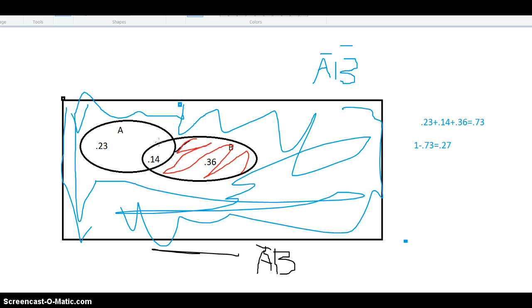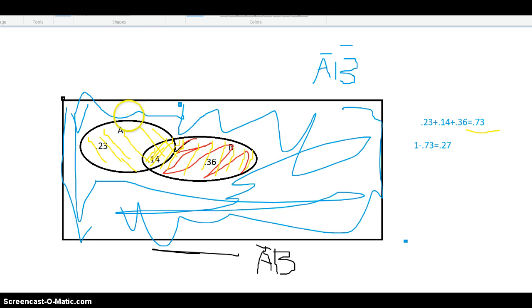When we look for A or B, it's like either in A or in B. So if I use color yellow, first I'm going to shade A, or in B, I'm going to shade B. So we shade both of them, either or. You can see that's these 2 circles. Again, the middle part is shaded twice, but when you do union, you don't repeat it. So the probability, we add all these 3 numbers, which is 0.73.